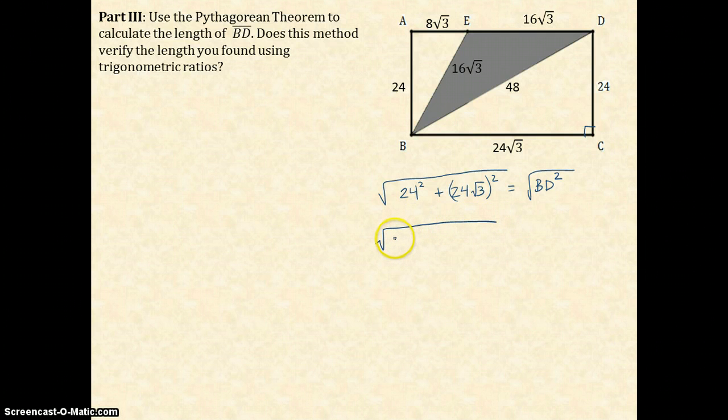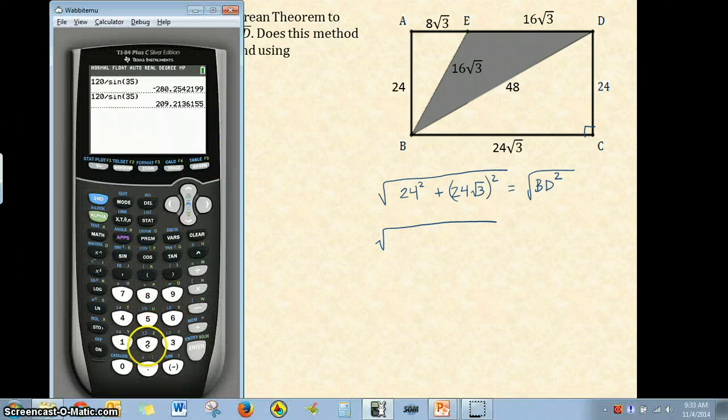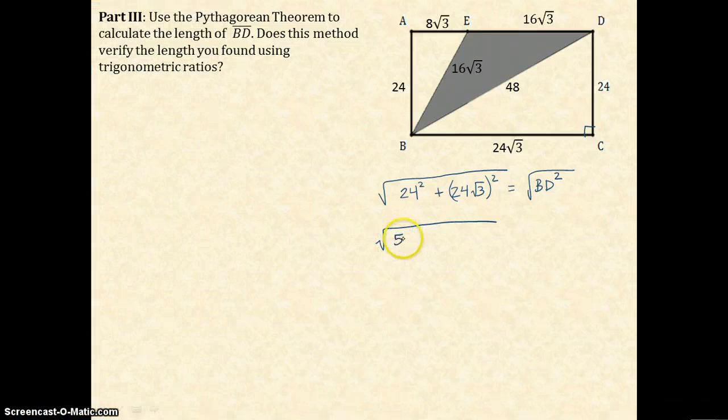Let's see, what's 24 squared? 24 squared is 576. So 576 plus, and when we square this, this is going to be 576 times the square root of 3 squared, which is 3.